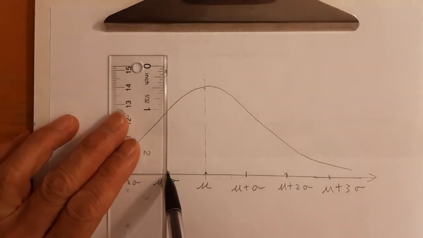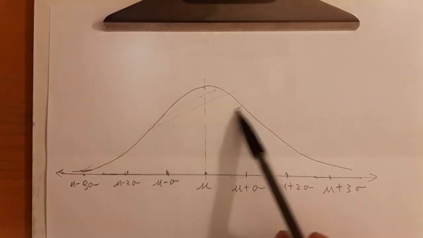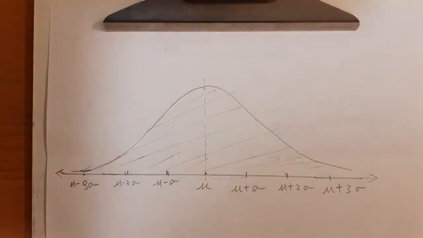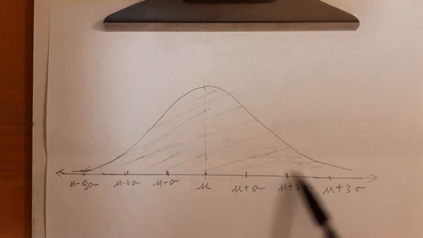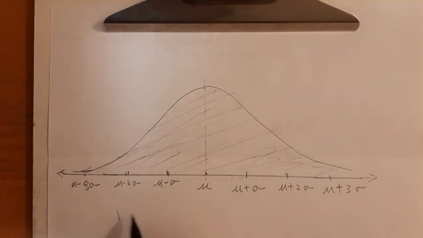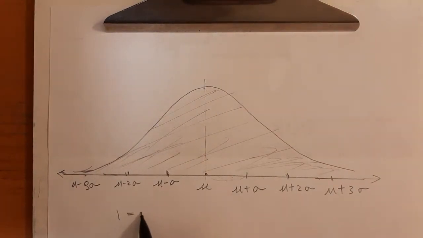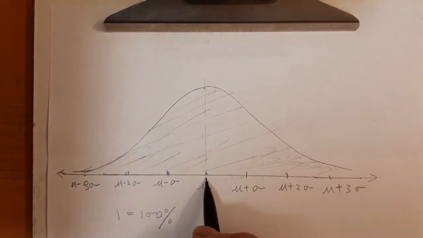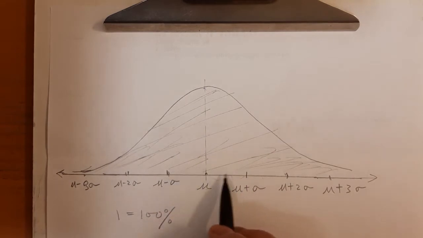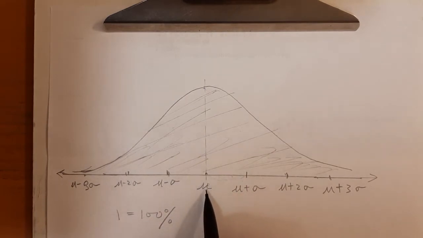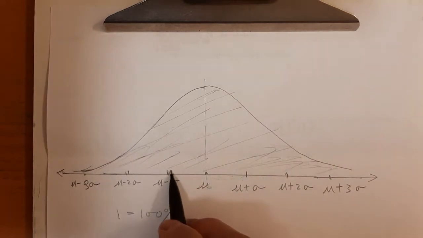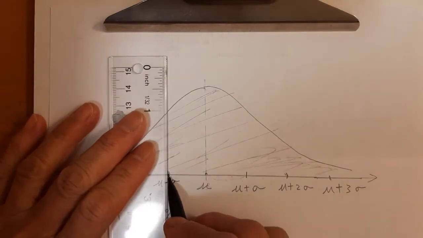And under the curve, the total area is 100%. The area under the curve is 1, which is 100%. Then 1 standard deviation away from the mean, that is 1 standard deviation above the mean and 1 standard deviation below the mean.